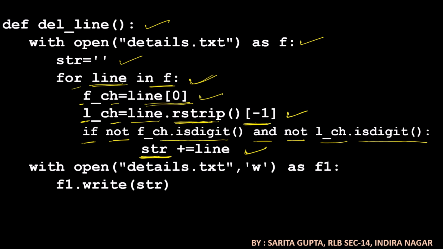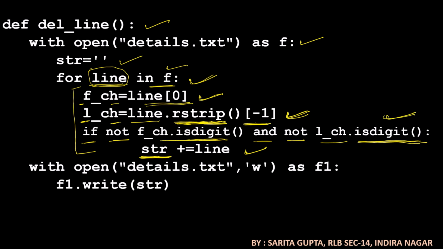These statements would be repeated in the loop for each line of text read from the file details.txt through the file object. The first character and the last character obtained after removing the last \n from the line will be compared as not being equal to a digit here in this if statement.